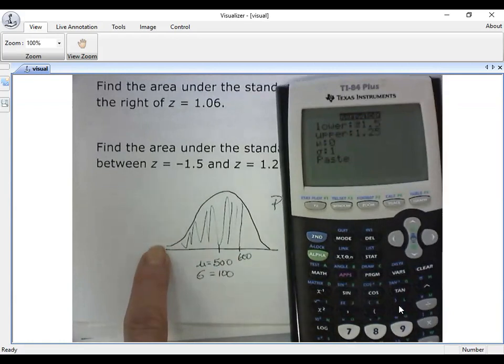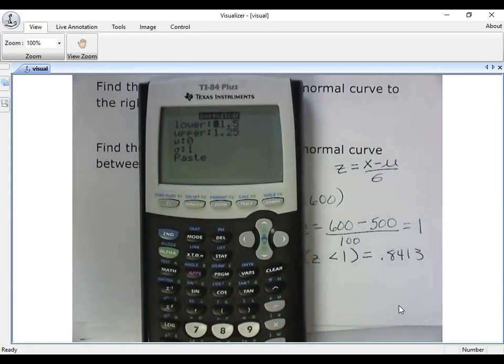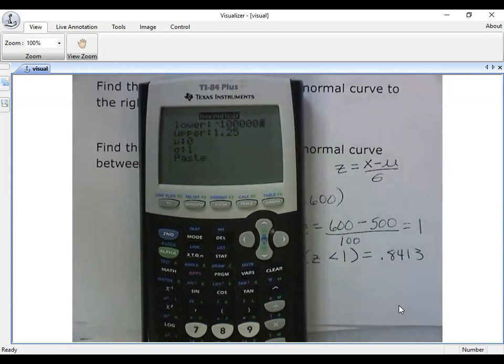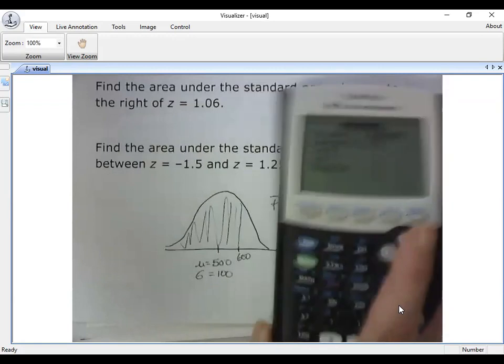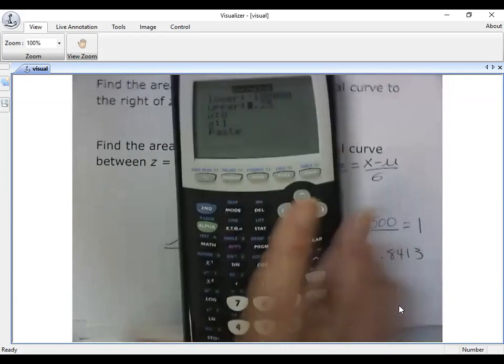So remember, I can just put in something that's way far away, like a negative 100,000. That ought to have me covered. I'm way out in the tail there. My upper would be what? Where does the graph stop? At 600, right?